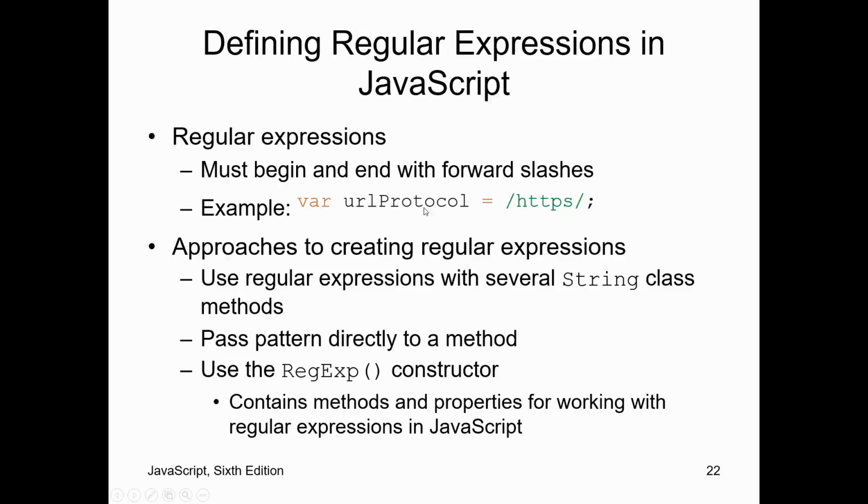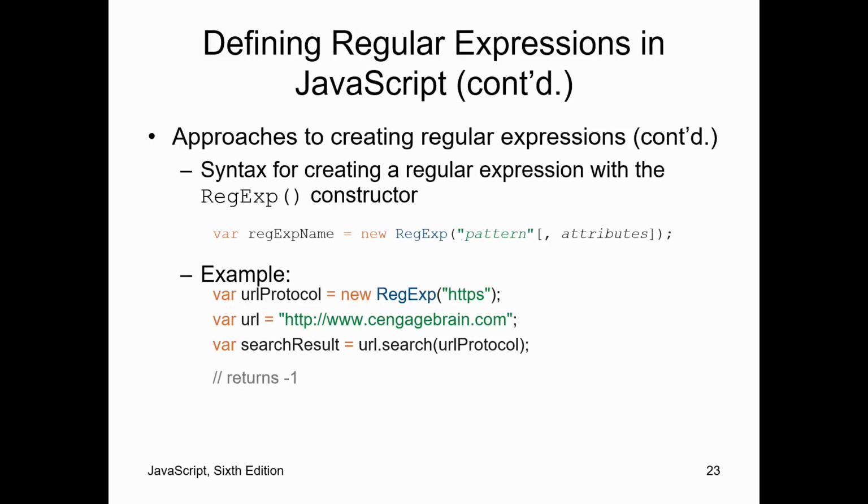This is going to create a variable called URL protocol, and the forward slashes are delimiters. All right, so basically what that holds is the string HTTPS. You can use regular expressions with a lot of the different string methods. Okay, there's a lot of ways that regular expressions can be used.